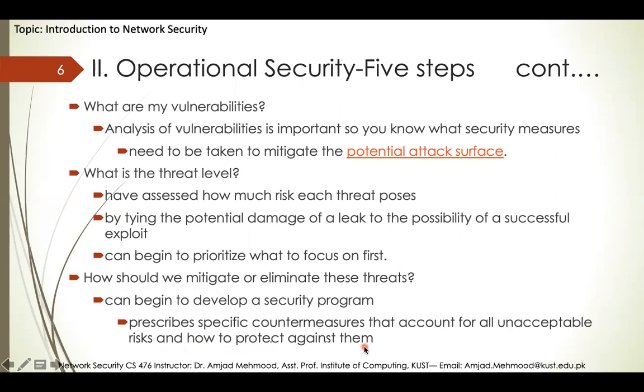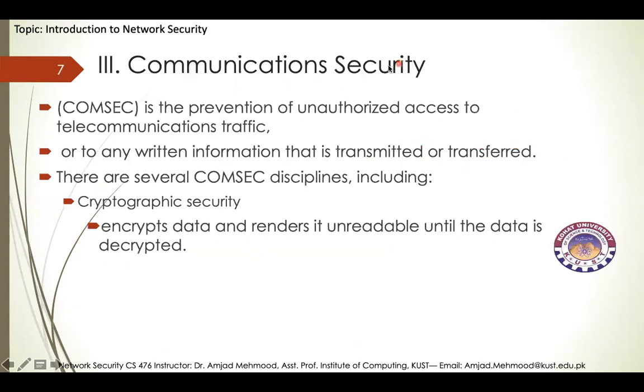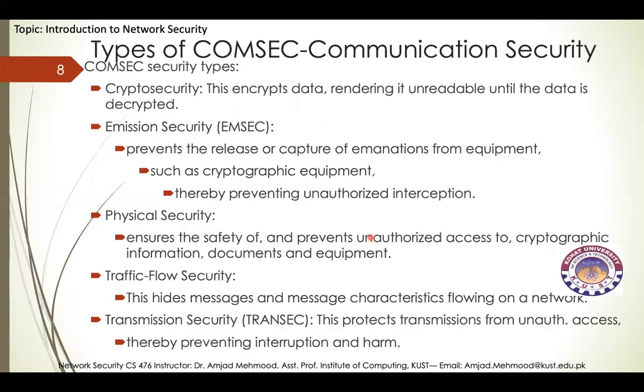Now, communication security, ComSec, is the prevention of unauthorized access to telecommunication traffic or to any written information that is transmitted or transferred. There are several ComSec disciplines, including cryptographic security, which encrypts data and renders it unreadable until the data is decrypted.